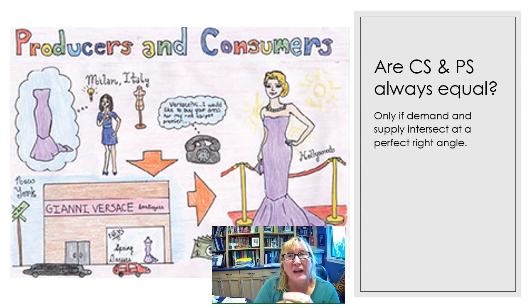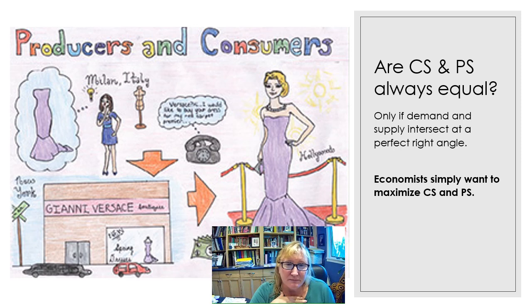And that's one of the ways that, if you worked for a lobbying organization, you could argue that this market was unfair to suppliers because producer surplus was significantly less than consumer surplus, or vice versa. So it's one of the tools that you can use as a lobbyist to really look at a market and determine fairness.